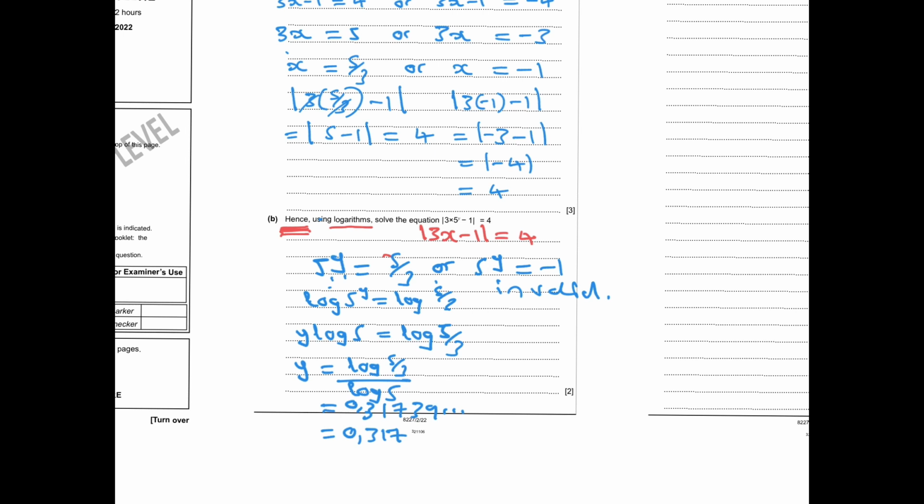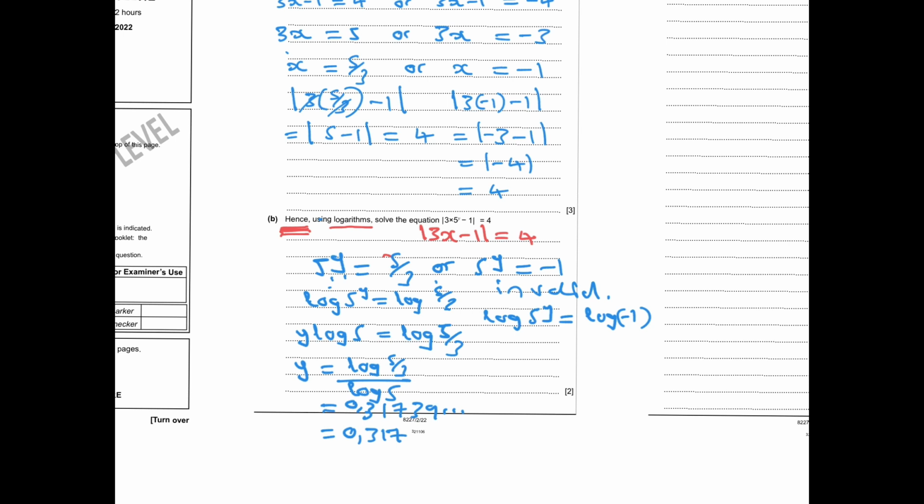Okay, it's important, of course, to indicate that this statement here is invalid, because even if you try to continue to apply logs, you will see that if you apply your logs on both sides, you're going to have log of 5 to the power of y is equal to log of -1. Now, remember, there is no log of a negative. Okay, we can't have a log of a negative. That's actually the issue here.